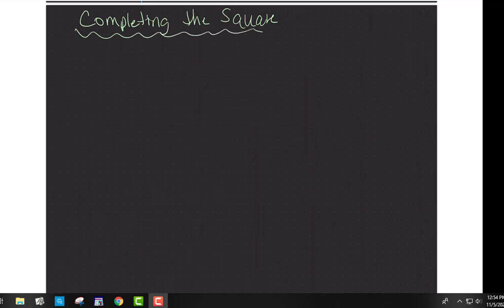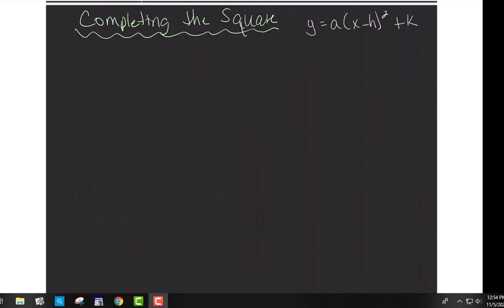All right. So for number 2, we're going to use this method called completing the square. So our graphing form, or that vertex form, is y equals a(x minus h) squared plus k.